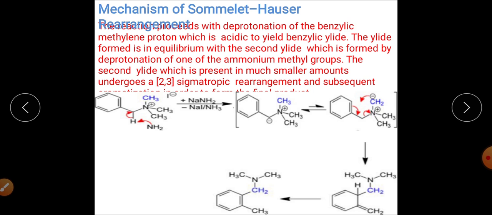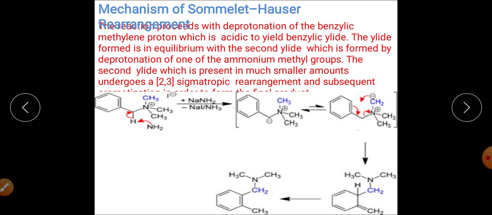Now, as I have already told you, the main competing reaction, if I am particularly concerned about the Sommelet-Hauser rearrangement, is the Stevens rearrangement reaction, right? About the Stevens rearrangement I have already told you in the chapter on rearrangement reactions.